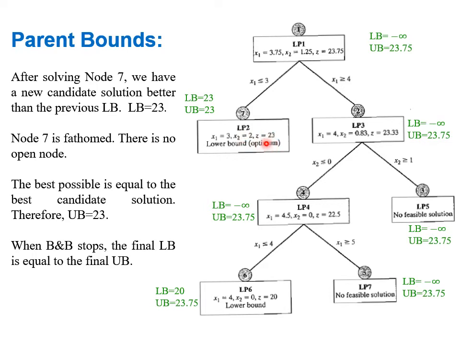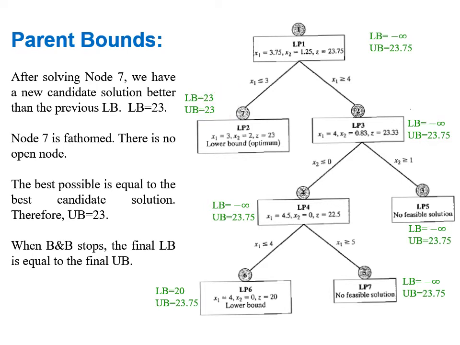So for a maximization problem, this 23 is better than 20. Therefore, we update our lower bound from 20 to 23. Okay. What about the upper bound? The upper bound is provided by the unexplored nodes. And now, since we fathom this node because of integer feasibility, there are no unexplored nodes, and then the upper bound becomes equal to the best integer solution, which is 23.